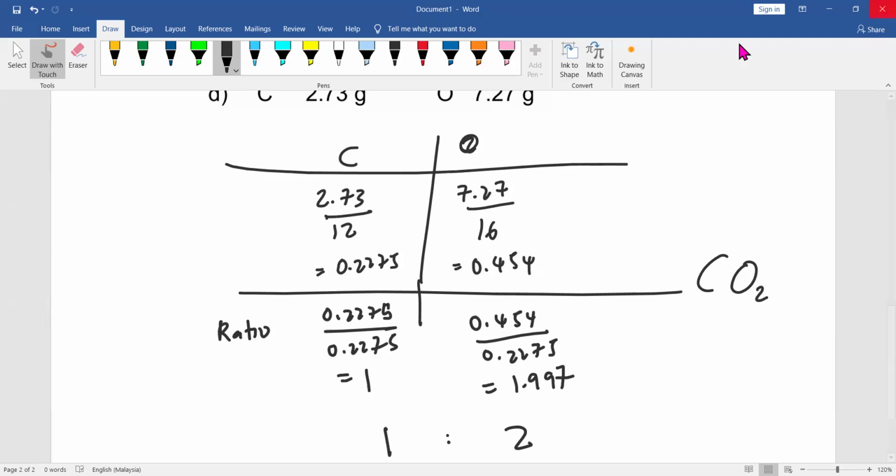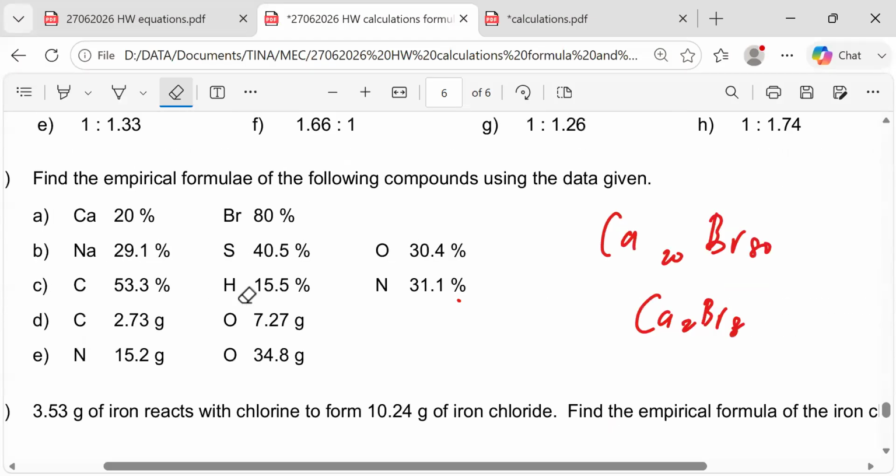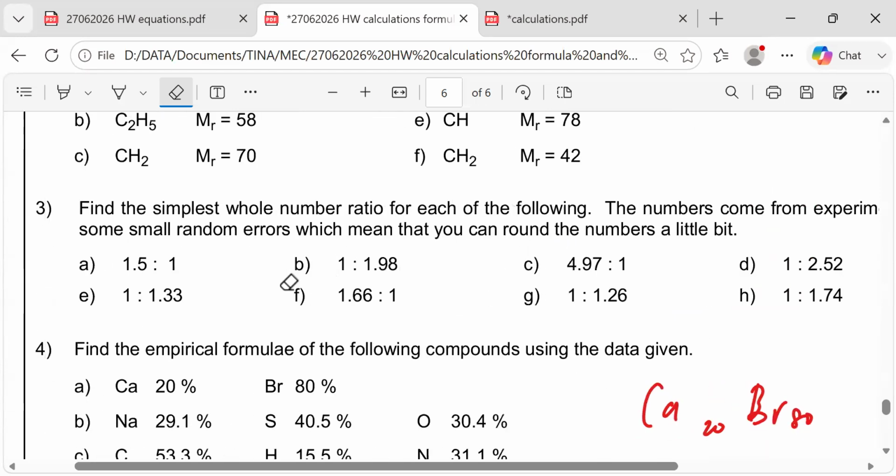Then we go back to our notes. Look at number 3. Sometimes you will get what we got just now, 1 to 1.98, 1 to 1.99. So very obvious, so the answer is 1 to 2.